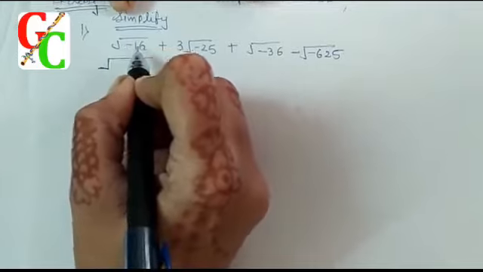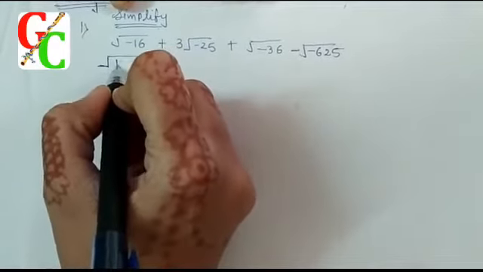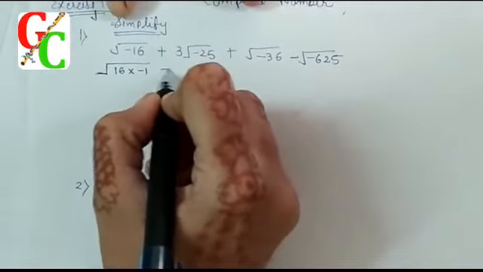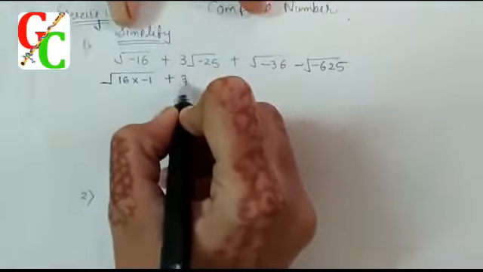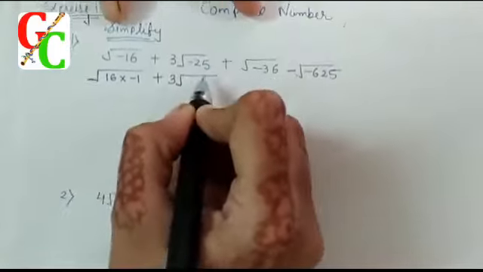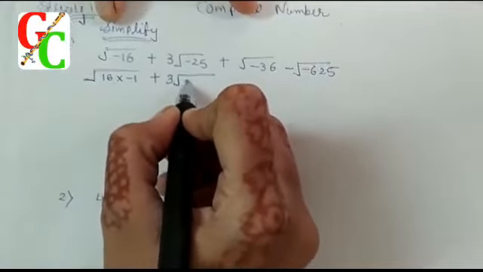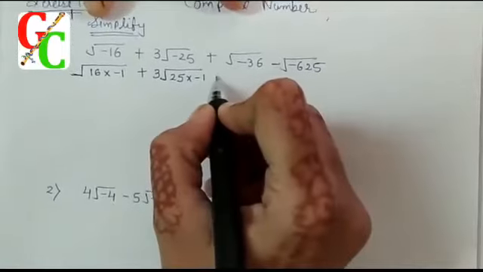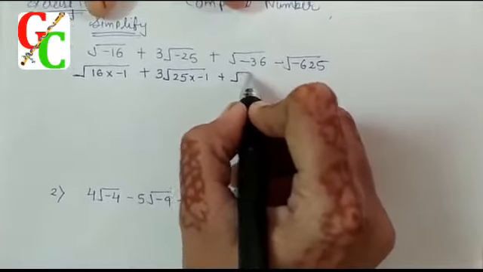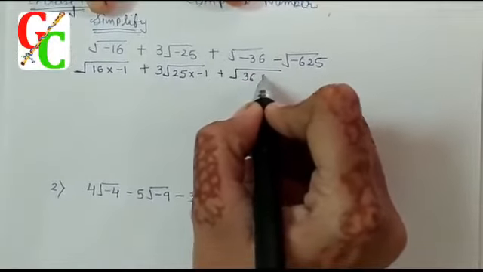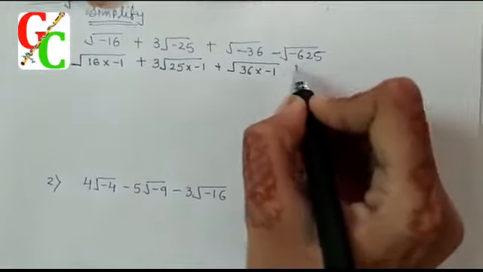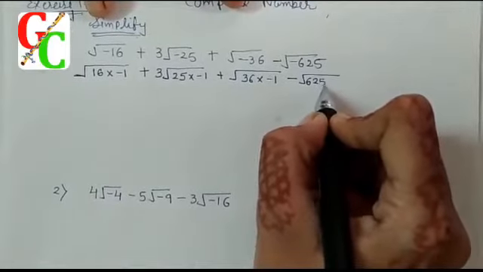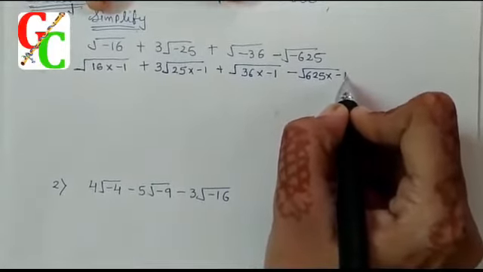The minus 16, we have to write this way, 16 into minus 1, plus same way 3 root 25 into minus 1, plus root 36 into minus 1, minus root 625 into minus 1.